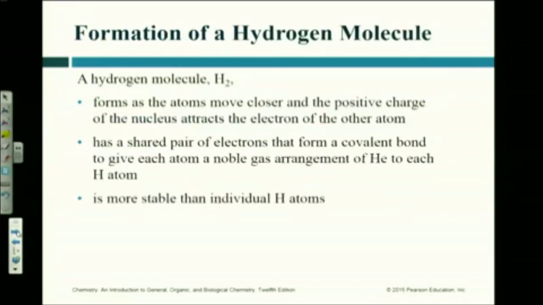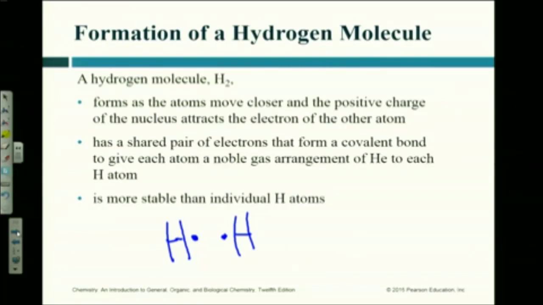So, here we have hydrogen. And I'm going to draw hydrogen. Remember in the last chapter we did some things that look like that? Dot diagrams, Lewis dot diagrams. Y'all remember that a little bit? What if I have two hydrogen atoms like this?